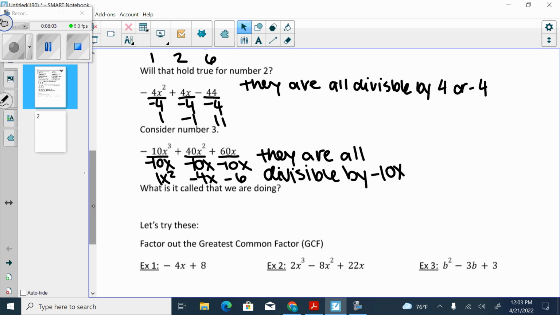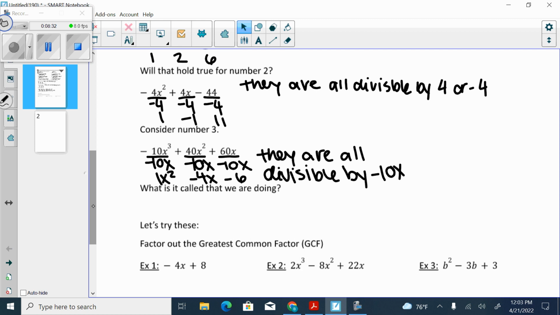Does anybody remember what we call this when we take out something that they all have in common? I'll give you a hint. It's our first step when we were factoring. Yes, greatest common factor.